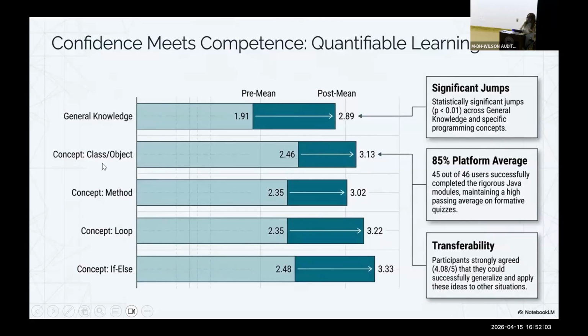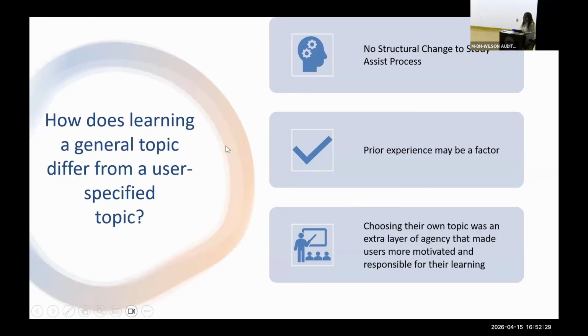But for this particular study, we asked the participants different questions about Java before they completed our system, and these were the ratings. Then after they used the system, all of these were significant differences. So there were quantifiable, or possible, learning gains from the use of the system.